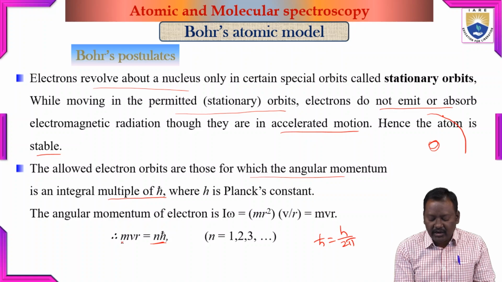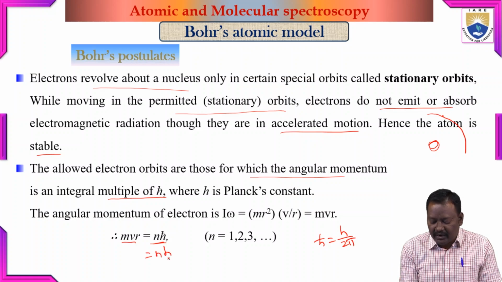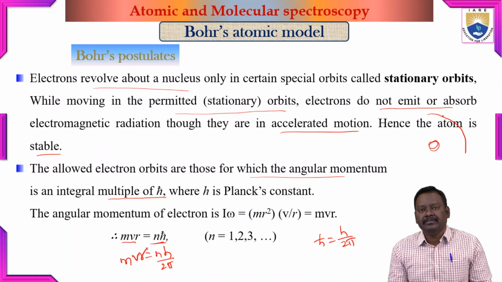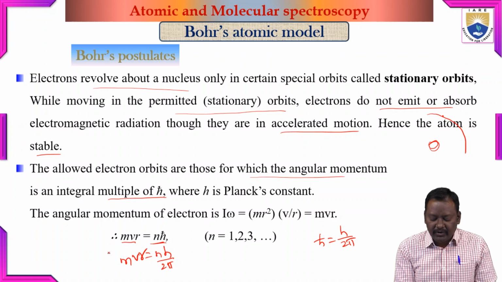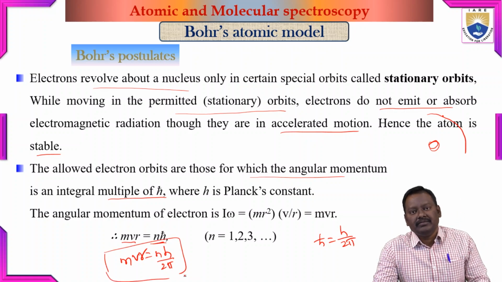That means angular momentum mvr must be equal to n h cross, that means n h by 2 pi. We can write mvr equals n h by 2 pi. Very, very important postulate given by Bohr.